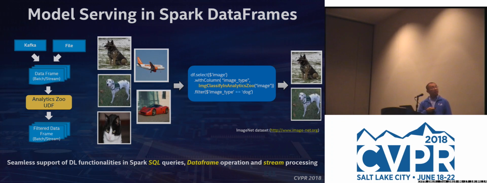The UDF can directly read the pixels of your image and filter out all the pictures that are dogs. You can do that directly in your SQL queries. So instead of writing a program, you can have your analyst write a SQL query to invoke your deep learning models. It's much easier to serve the model to analysts who are writing SQL.